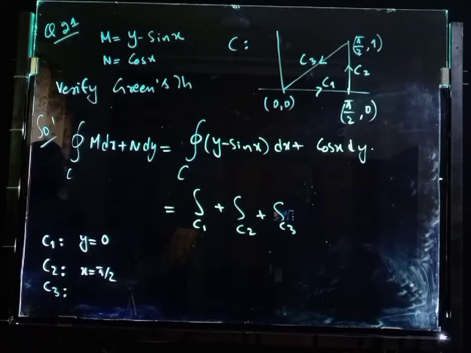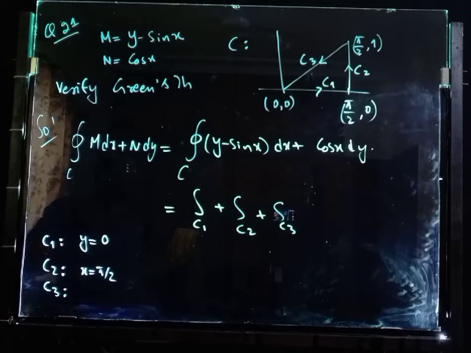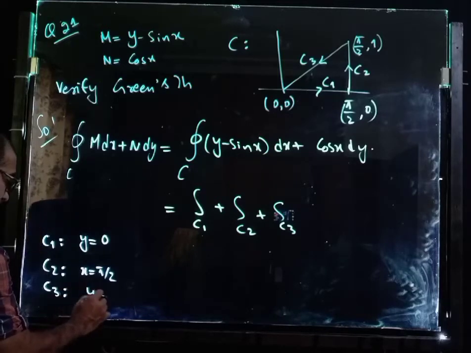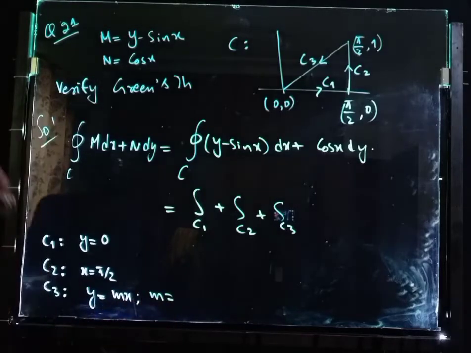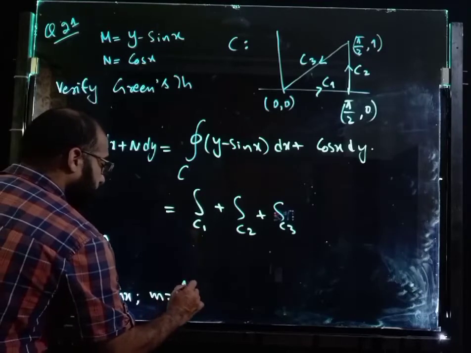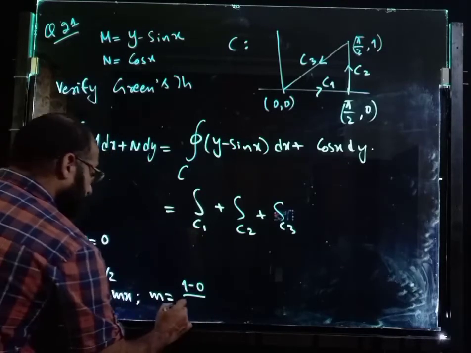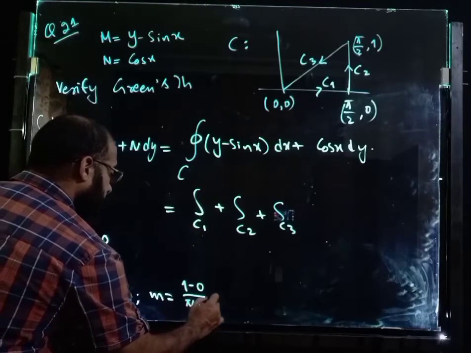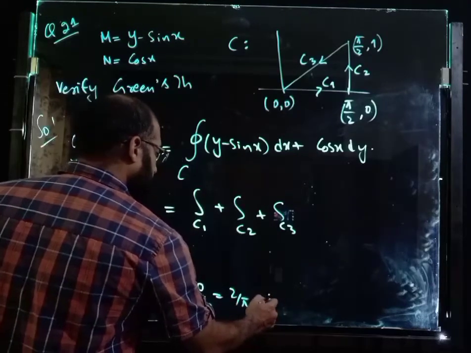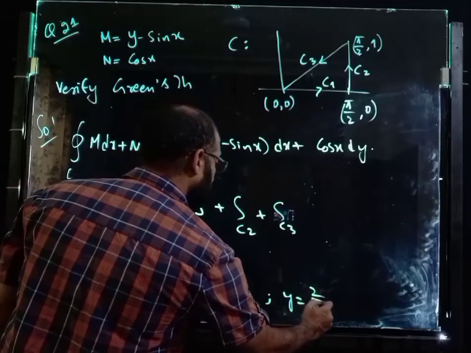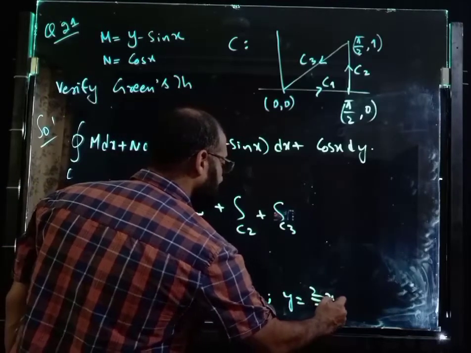For curve C3, two points are given, and the line passes through the origin, so y equal to mx would be the equation. Here m is defined as 1 minus 0 over pi by 2 minus 0, which is 2 by pi. So the equation would be y equal to 2 over pi x.